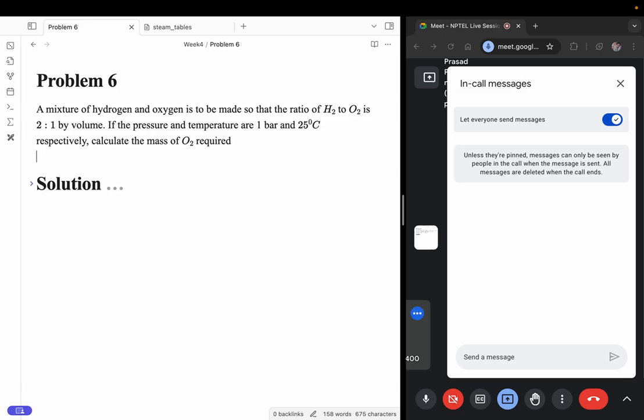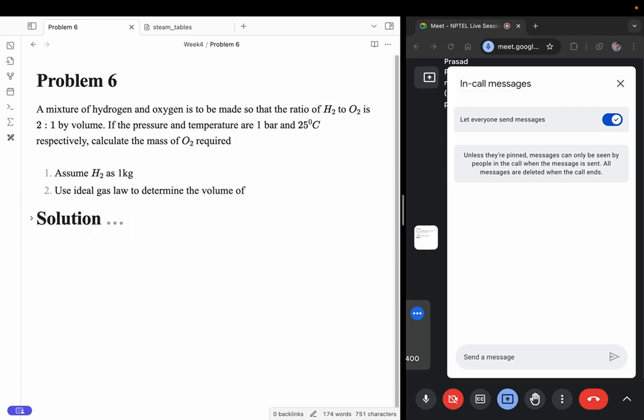Roughly, the workflow goes like this: first you assume hydrogen has 1 kilogram, and from there you use the ideal gas law to determine the volume of hydrogen.